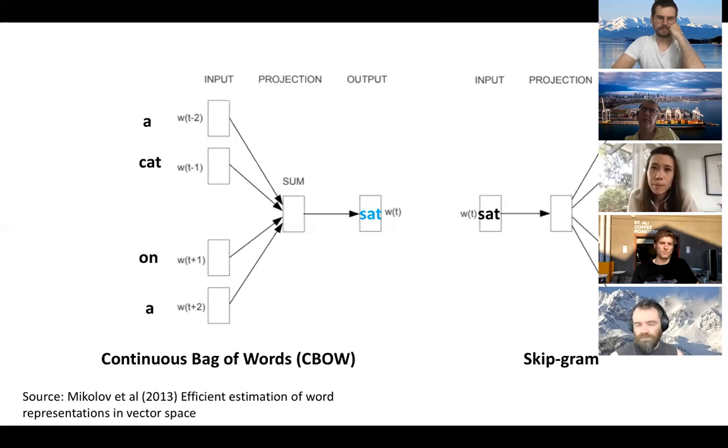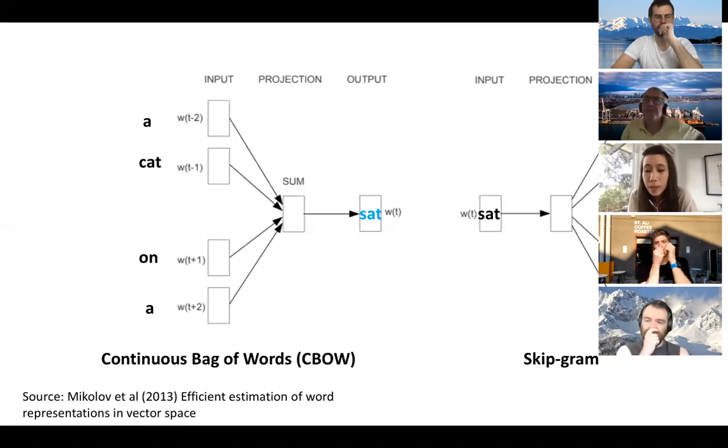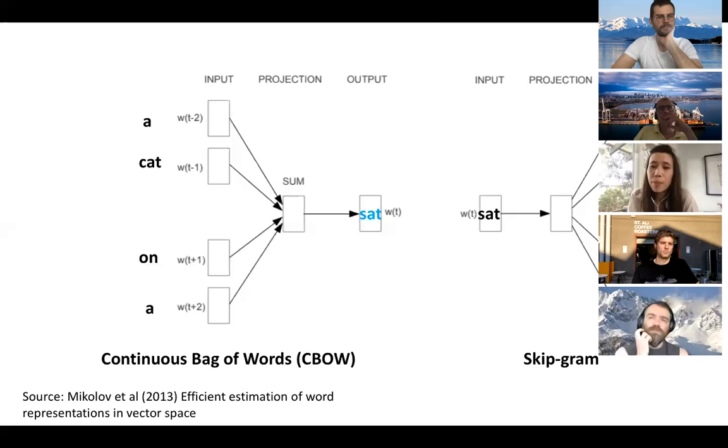The continuous bag of words is computationally faster, but according to Mikolov, it tends to have better representations for more frequent words, whereas the skipgram model has better representations for more rare words, and also performs a bit better if you have a smaller amount of data.